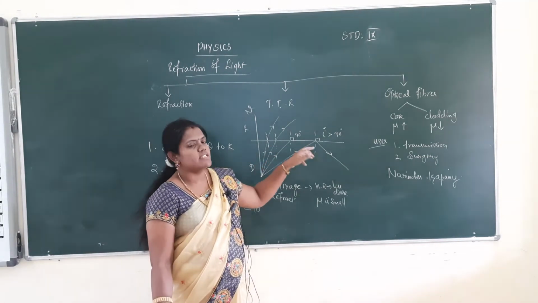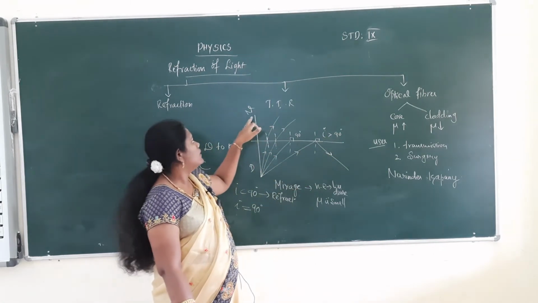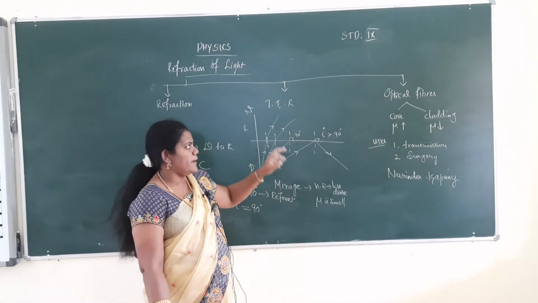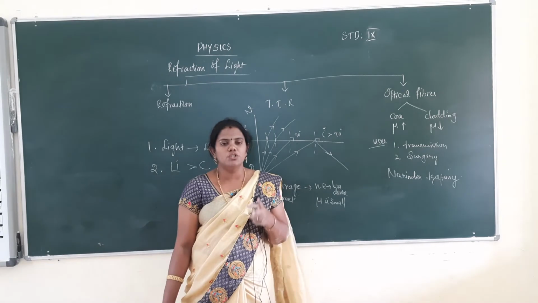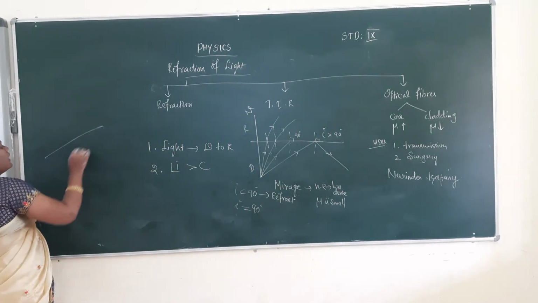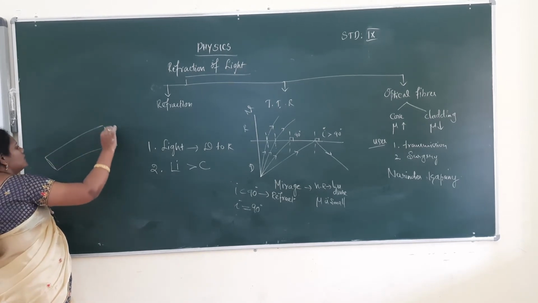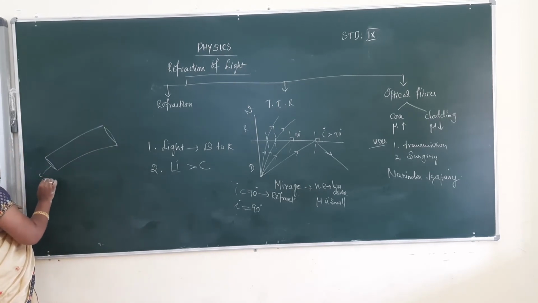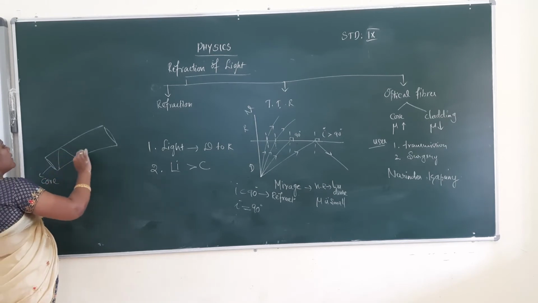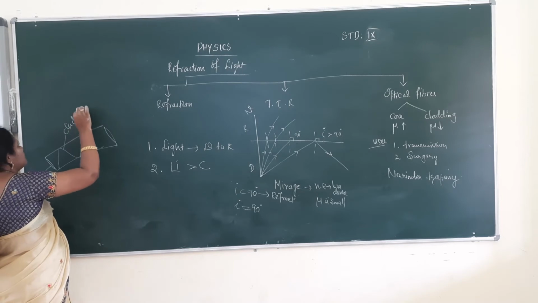The principle used in the working of optical fiber is called total internal reflection. Optical fiber has two parts: one is the core, another is the cladding. Optical fiber will have this structure, with two sides open, in the center part, and the cladding around it.